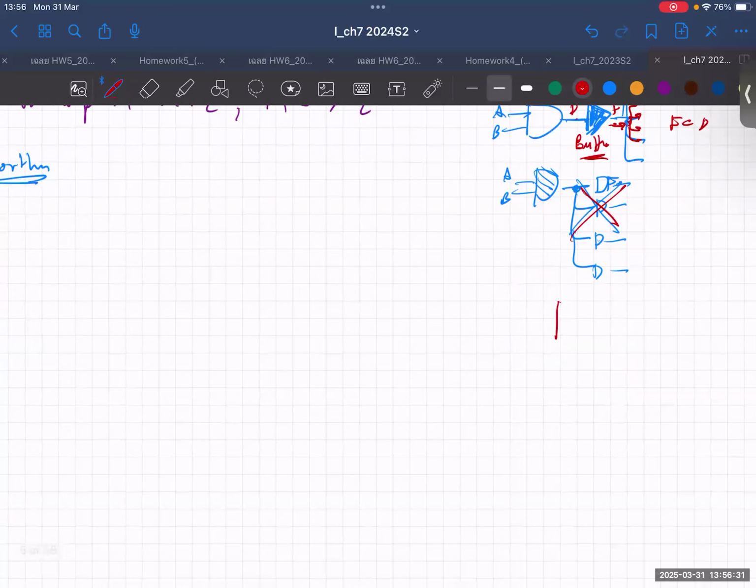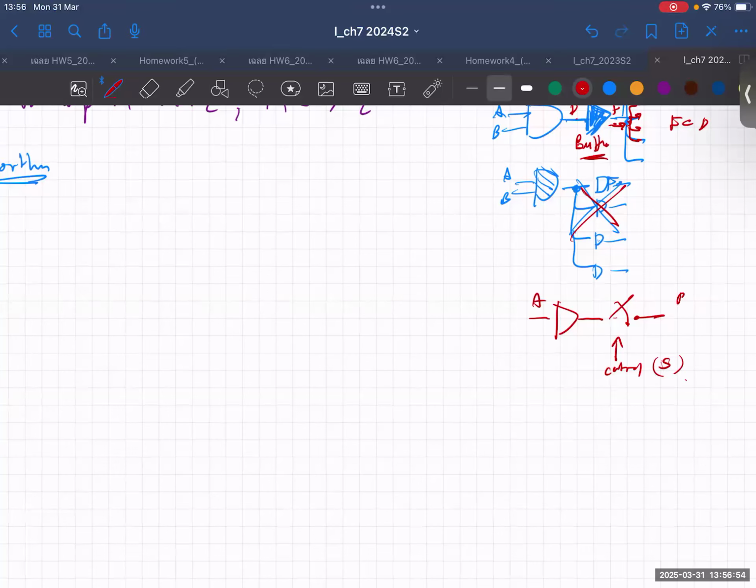The tri-state buffer is simply a buffer followed by a gate. You already learned this, right? And this is controlled by what we call the control signal, usually called S, on the tri-state buffer.